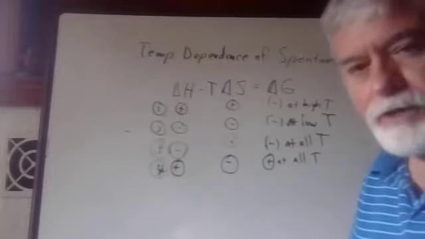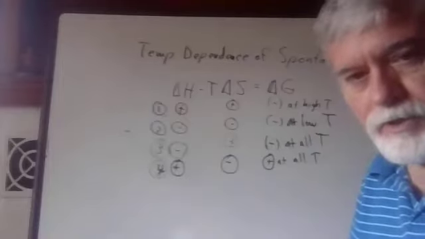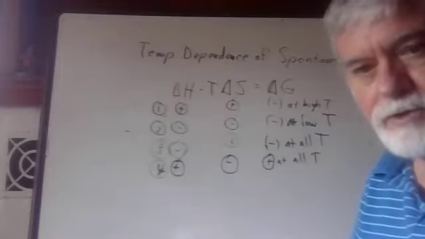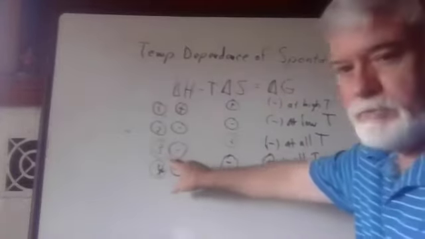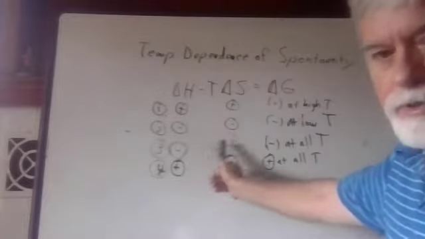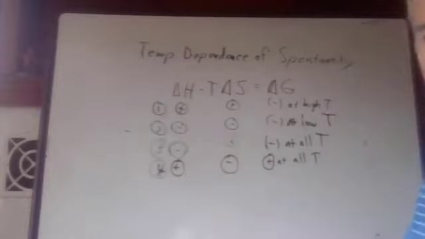And then also for any process, when the system itself becomes more disordered, that tends to increase the spontaneity. So situation number 3 is one in which both things are occurring. Heat is being released, creating more disorder both at the same time. Number 4, neither one is happening.